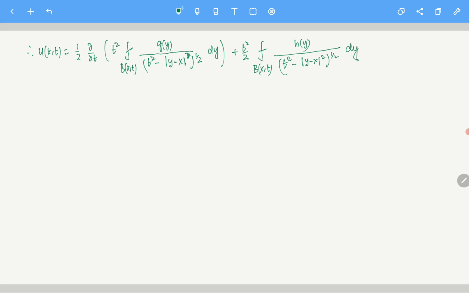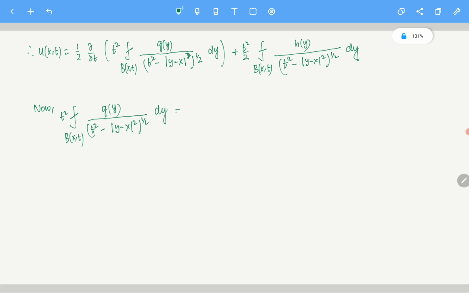Now see this t square, the average on bxt of g of y by t square minus mod y minus x square whole power half dy.